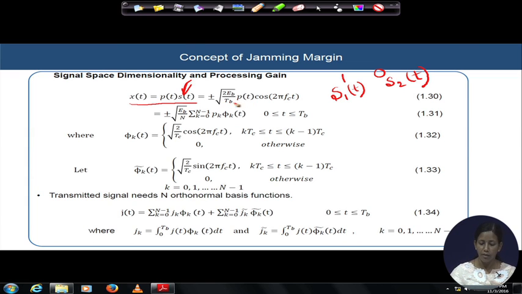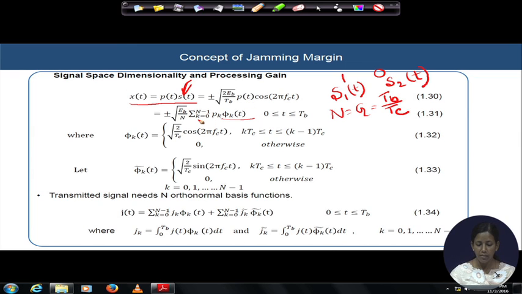We can reorient equation 1.30 in such a way that we divide by T_c and multiply the numerator and denominator by T_c, and take the square root of 2 by T_c into cos 2 pi f_c t out. If I substitute that with phi_k(t), I will end up with square root of E_b. N is equal to G, which is the bit duration divided by the chip duration. This is nothing but the processing gain.